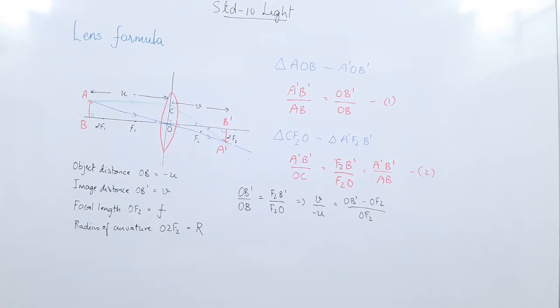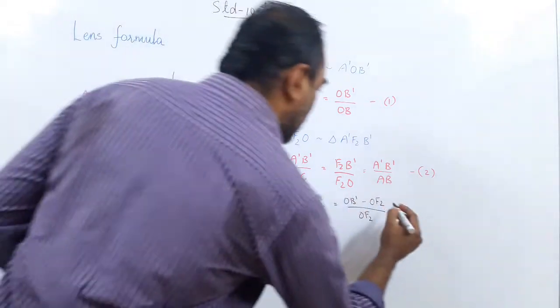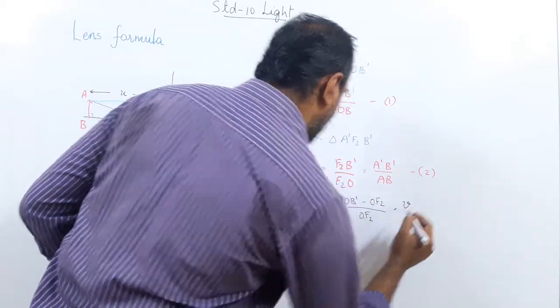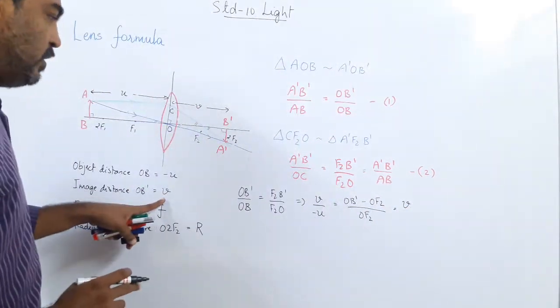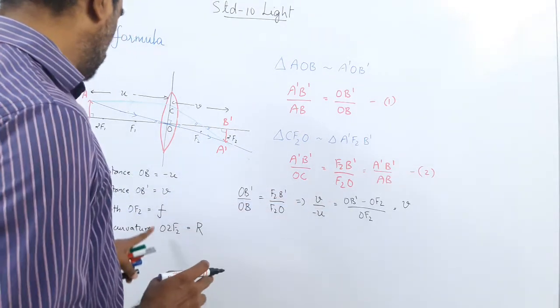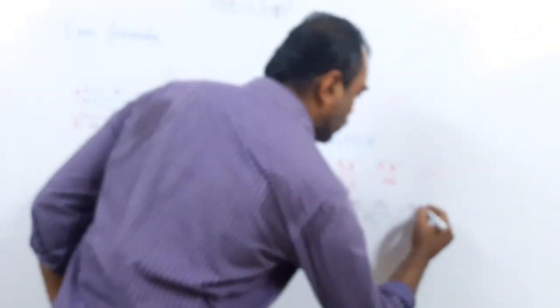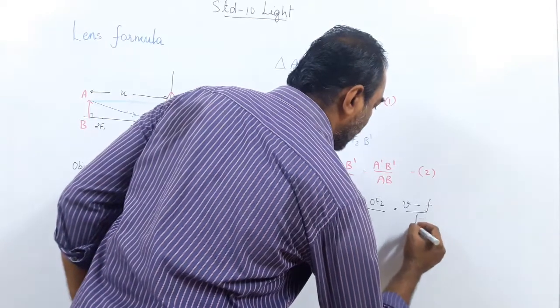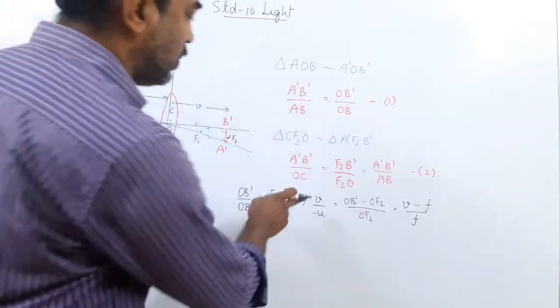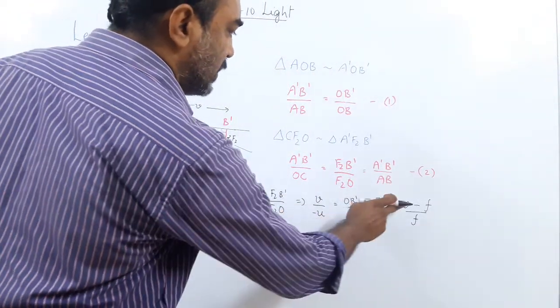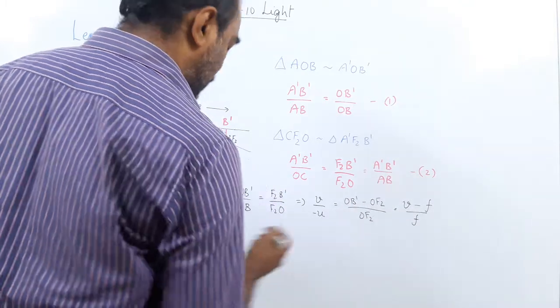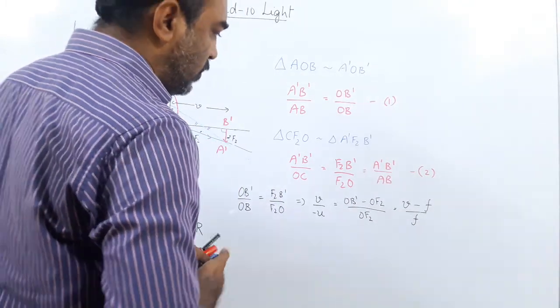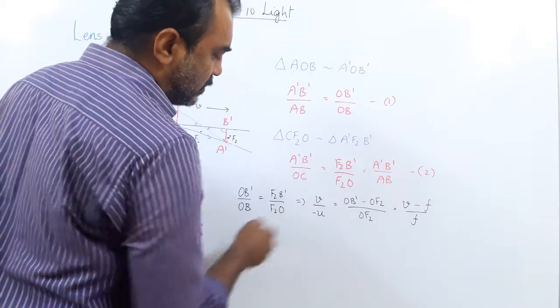Okay. So, again, what is OB prime? OB prime is V. OF2 is F. So, V minus F upon F. So, what do we have here? V upon minus U is V minus F upon F. Now, we don't need this. So, just look at this. Write down.